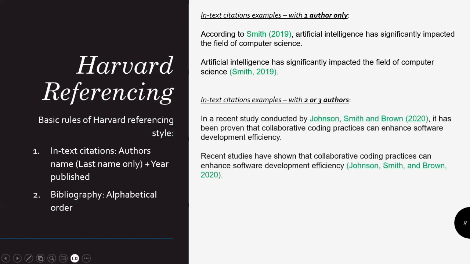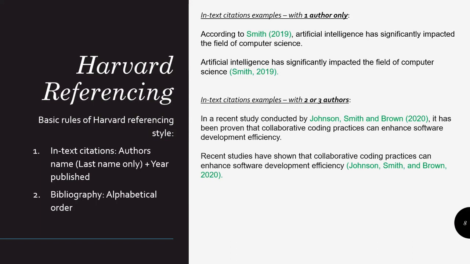So in the in-text citation example, when you have two or three authors, it is the same principle. If the in-text citation is written in between the sentence, only the year of publication is going to be in between brackets. However, if you're ending the sentence with the in-text citation, the whole in-text citation, including the author's surname with the year of publication, is going to be in between brackets.